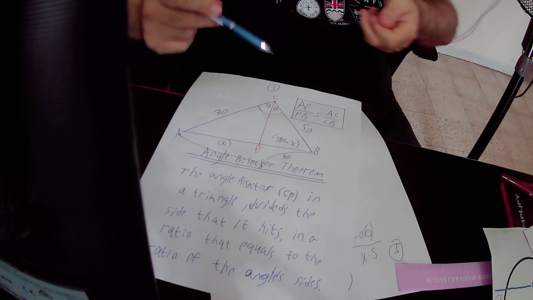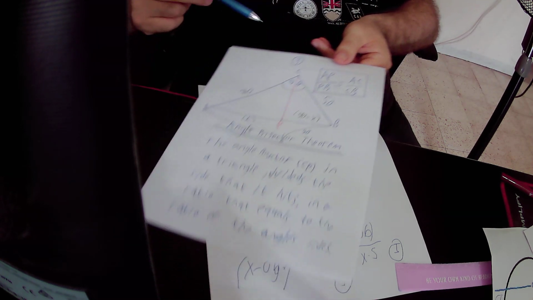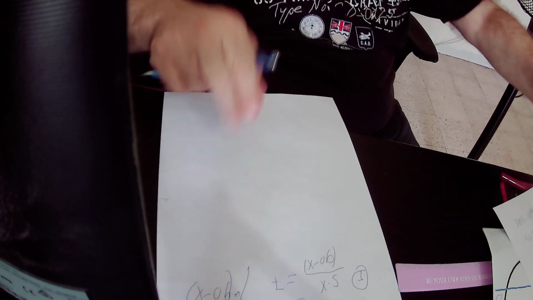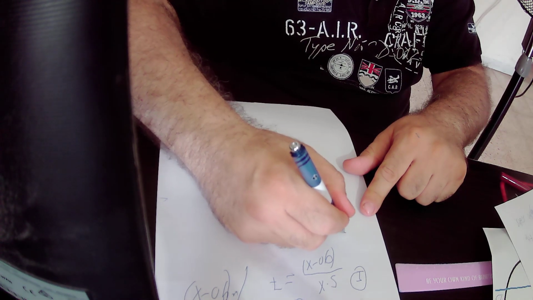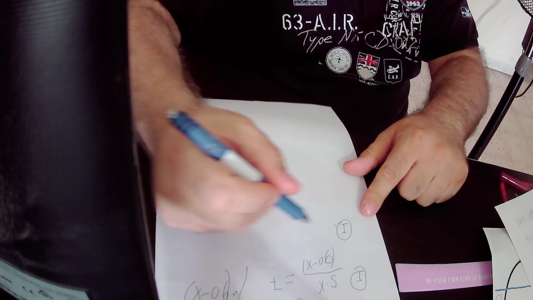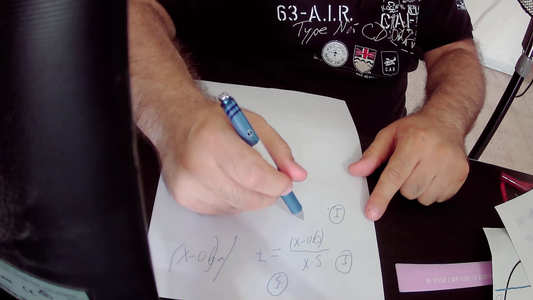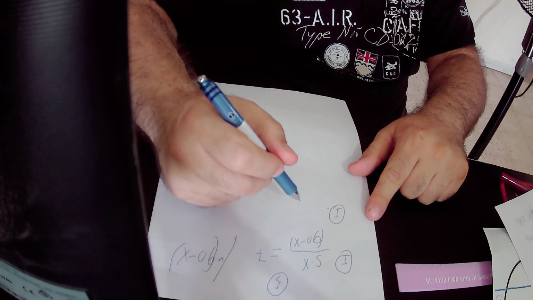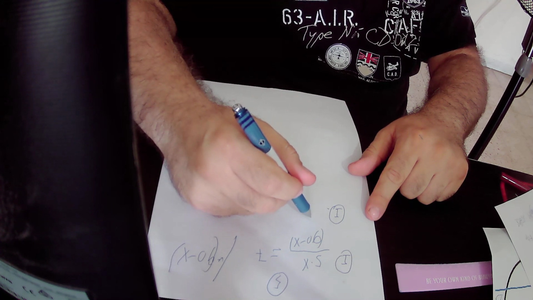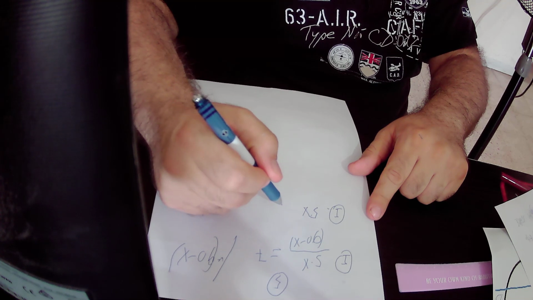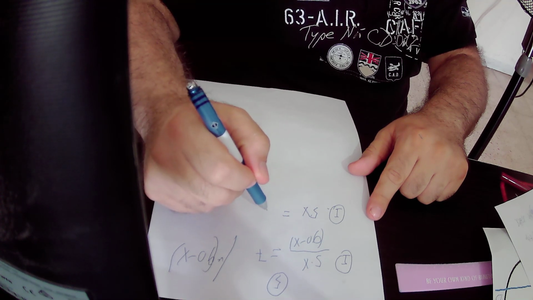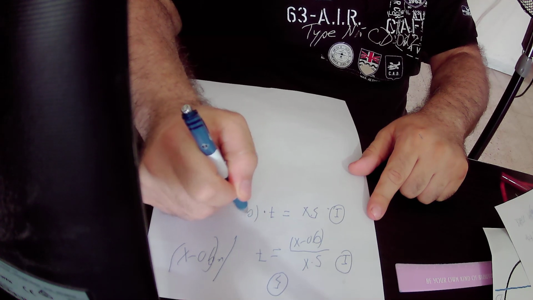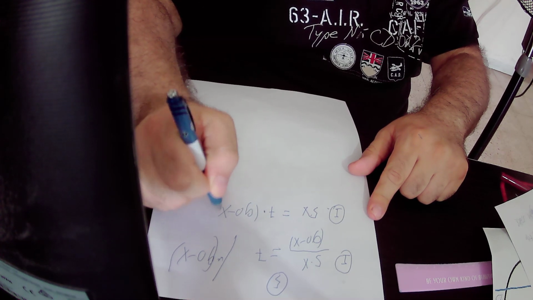Then we get 5x divided by 90 minus x times 90 minus x equals 5x, and 7 times 90 minus x.